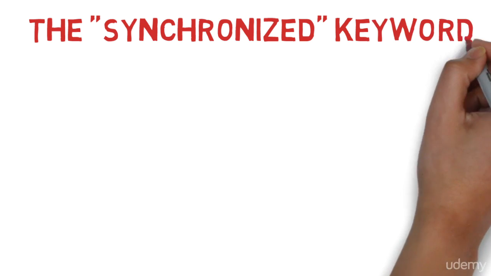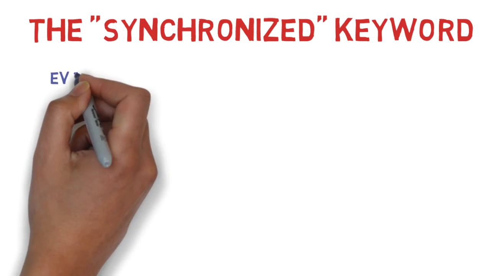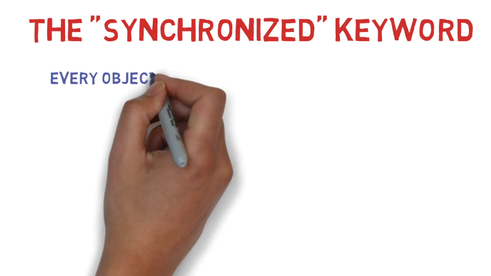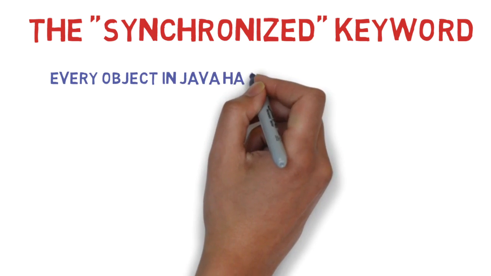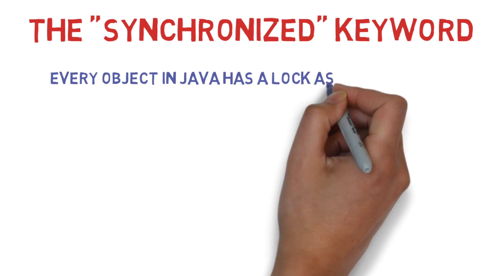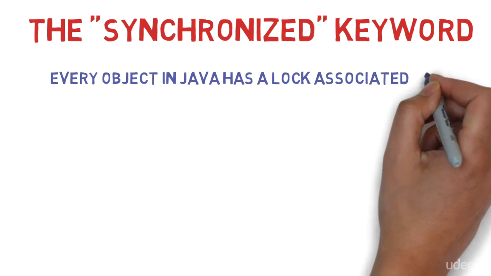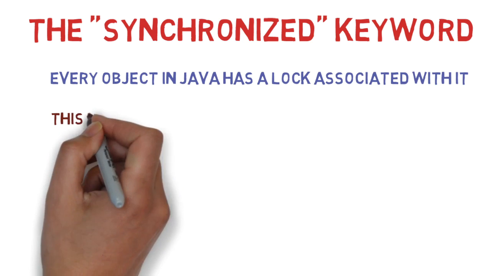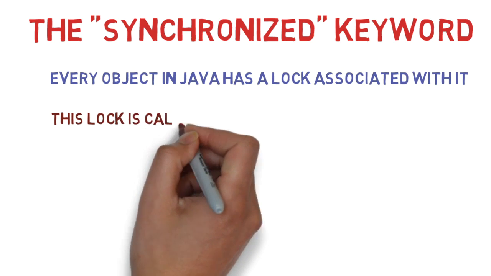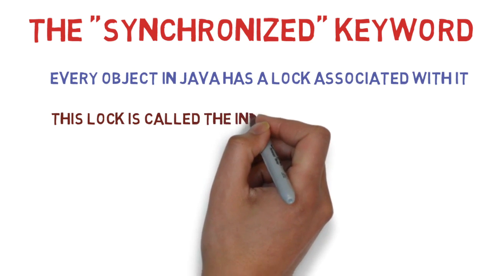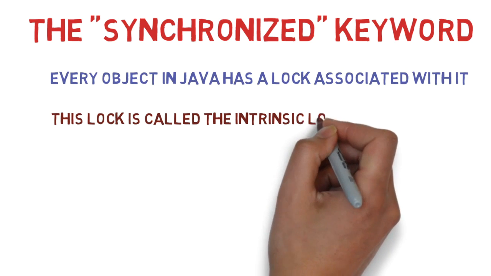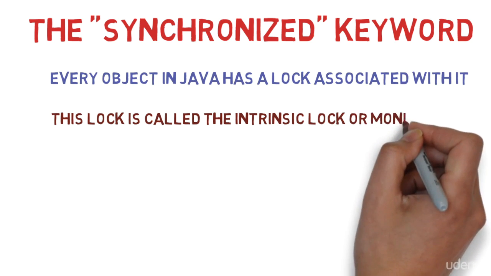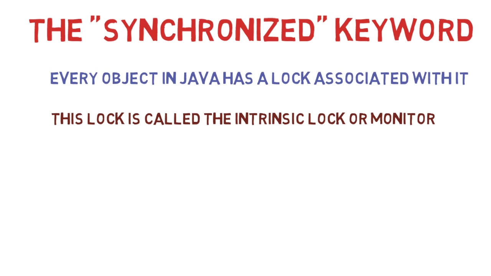Now, it's important for us to know that every object in Java, no matter what class it is, or whether it's one of the regular objects like integers, strings, which are predefined by Java, all of these objects have a lock associated with it. Every object. This lock that is associated with every object is called the intrinsic lock or the monitor.